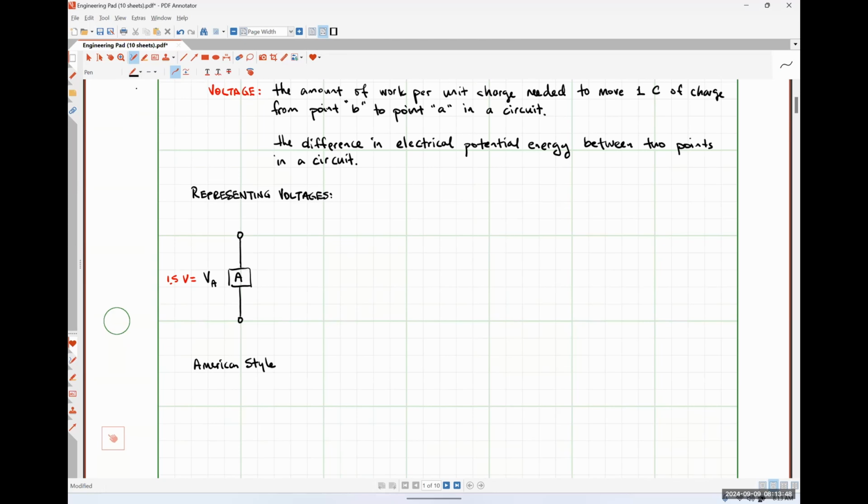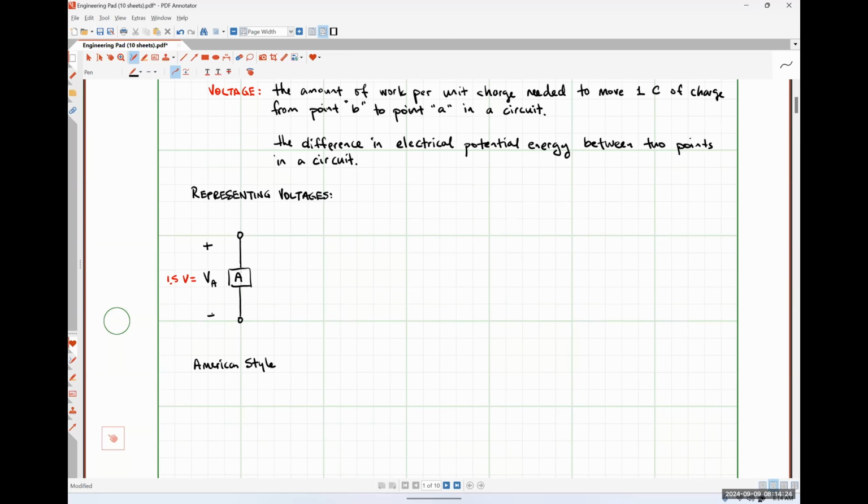All the polarity is doing is telling us which side is at a higher electrical potential than the other side. We do that by indicating that one side is at a high potential using a plus sign, and the other side is at a lower potential using a minus sign. Most batteries literally have a plus and a minus sign printed on their housing to indicate the positive and negative polarity terminals.